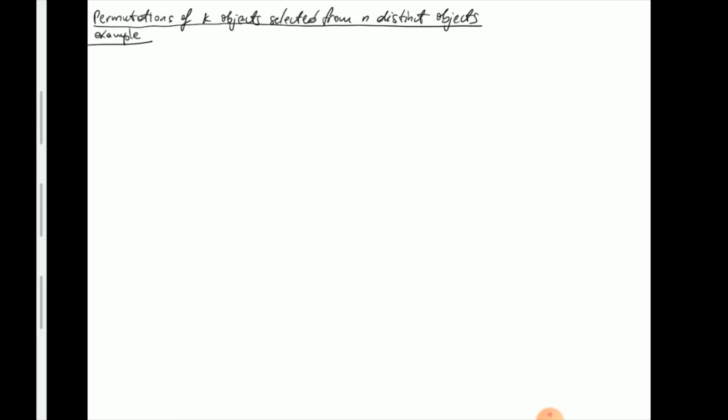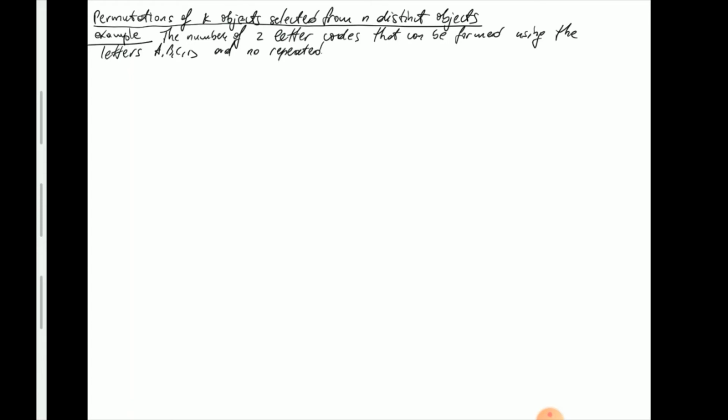So suppose I want to find the number of 2-letter codes that can be formed using the letters A, B, C, and D, and no repeated letter is allowed.